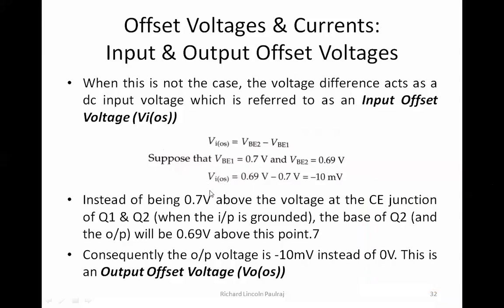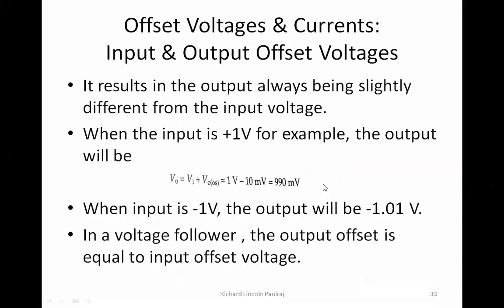So this is going to be your input offset voltage change. If we bring it out in the form of a formula, it results in the output always being slightly different from the input voltage.